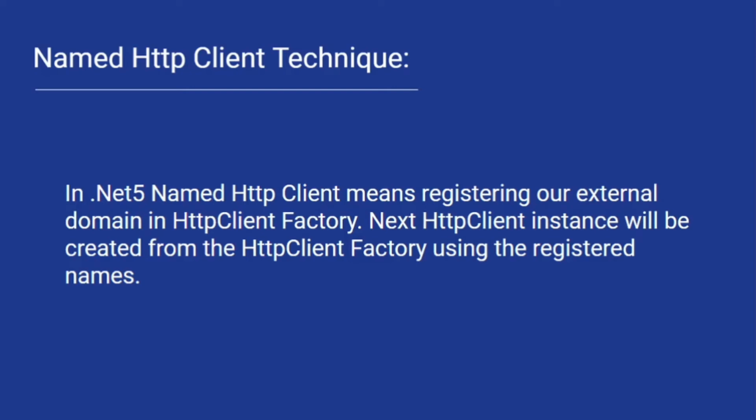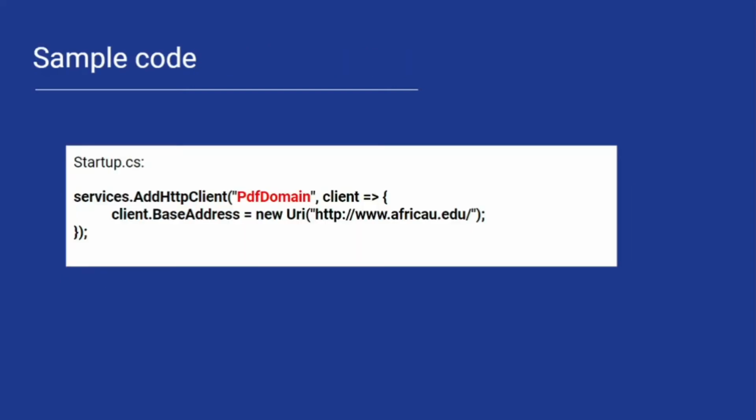If you want to see the sample code, see here in the startup class, we should register our domain like this. So here PDF domain is registered. If you observe the red text, PDF domain, this is my registration name. Okay, and here I am registering my domain with the HTTP client factory.